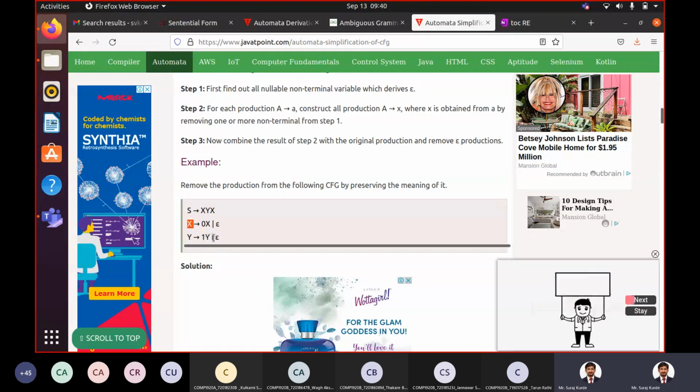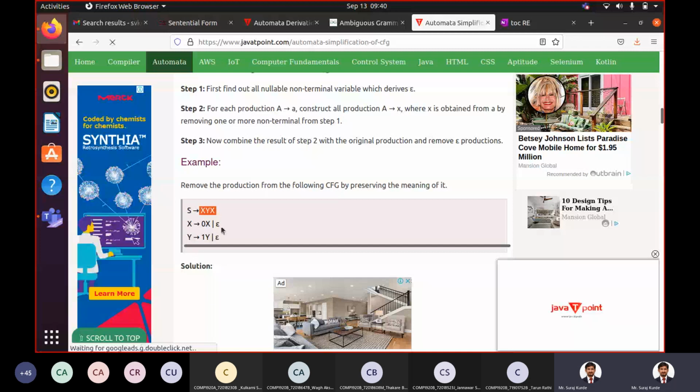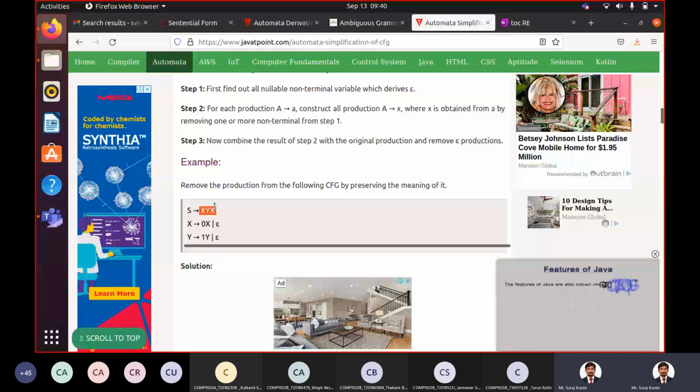Y produces 1Y or epsilon. Now here we have two epsilon productions: X produces epsilon, Y produces epsilon. Replace capital X on the right hand side of all production rules wherever X appears, and whatever we get as the remaining part of the production rule will be a new production rule in the grammar.